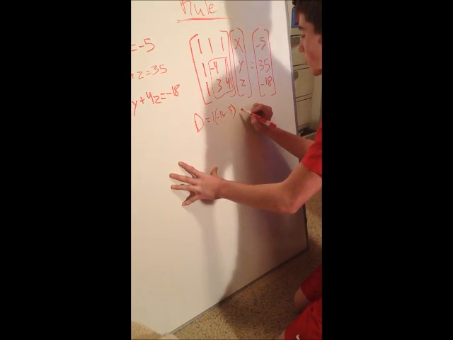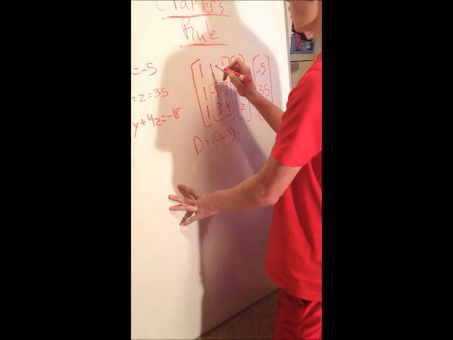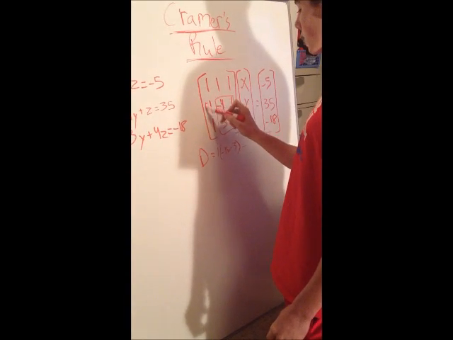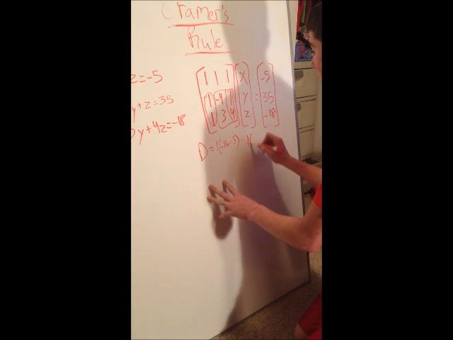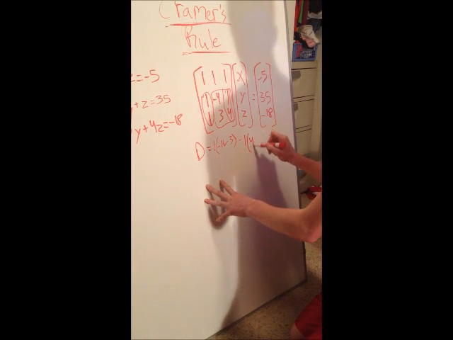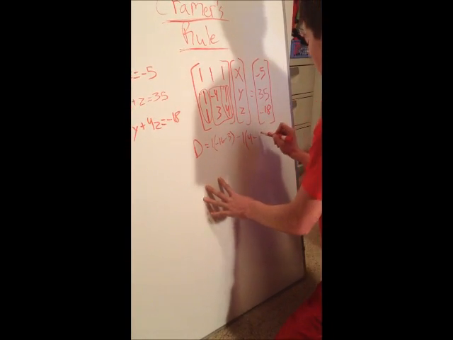And then you're going to subtract. So then you're going to do 1 times these two numbers and these two numbers minus 1 times 4 equals 4 minus 1 times 1 equals 1.